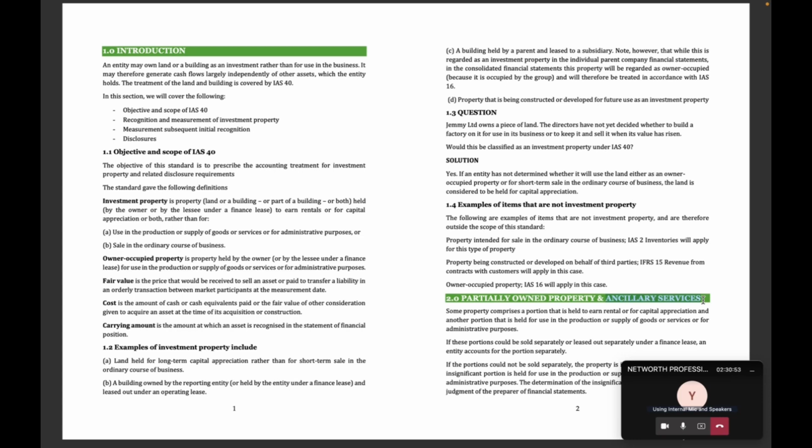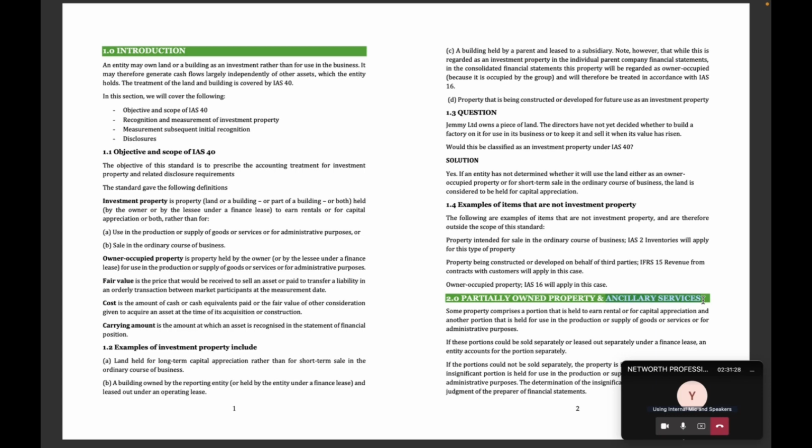So if your company owns a building, for example, and you rent it out, ordinarily, since you have rented it out, it should be investment property. But if it is your company that is providing electricity, meaning those people just pay your company money, you are the one that will provide them electricity, water and security.